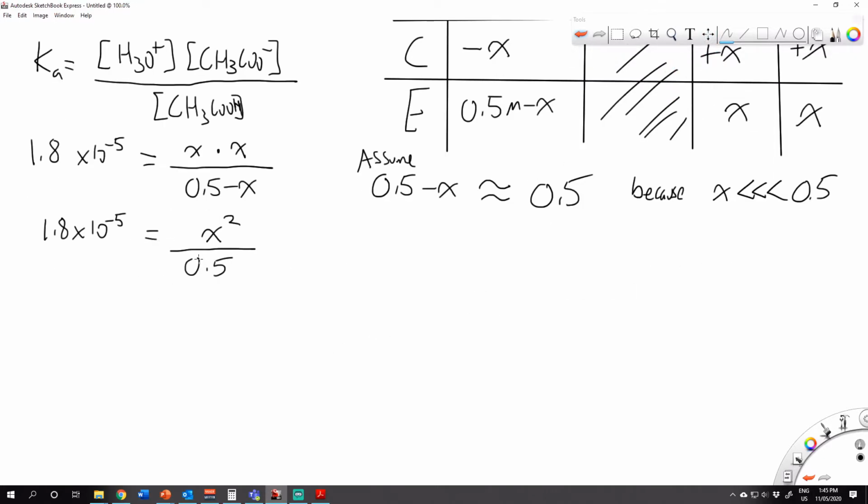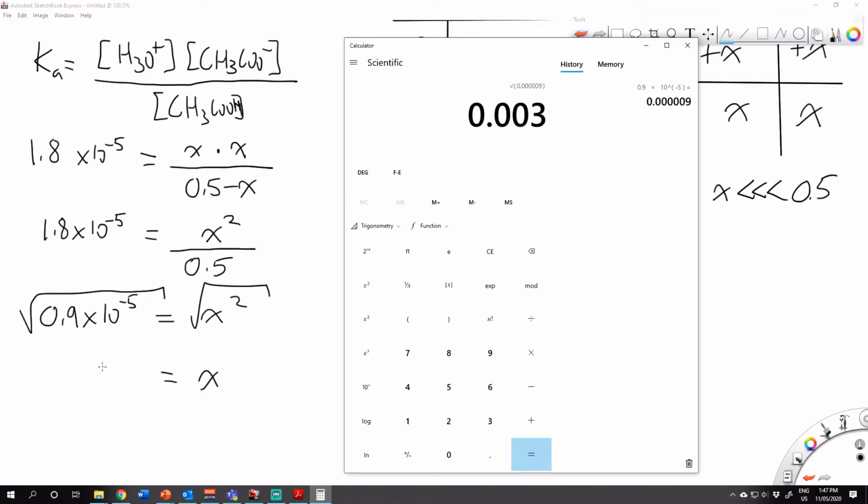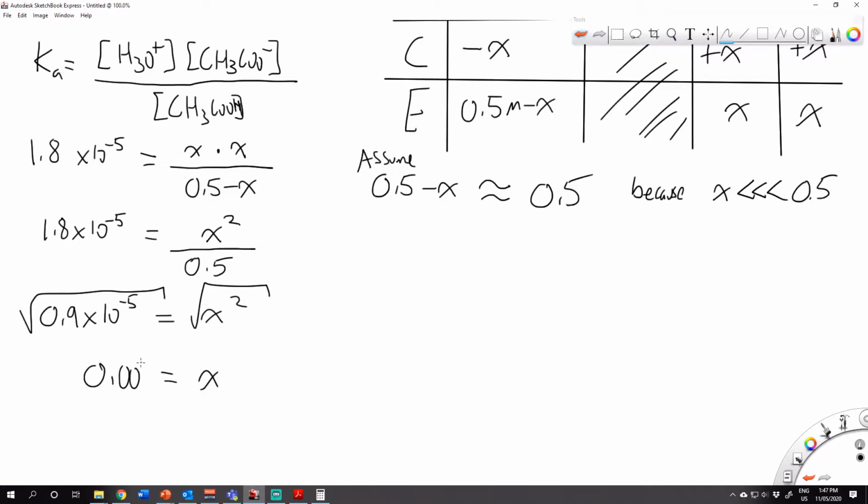Carrying out the calculation, 0.5 times 1.8 times 10 to the negative 5 gives me 0.9 times 10 to the negative 5. That's X squared. Square root everything, and the calculator gives the answer X equals 0.003 molar.